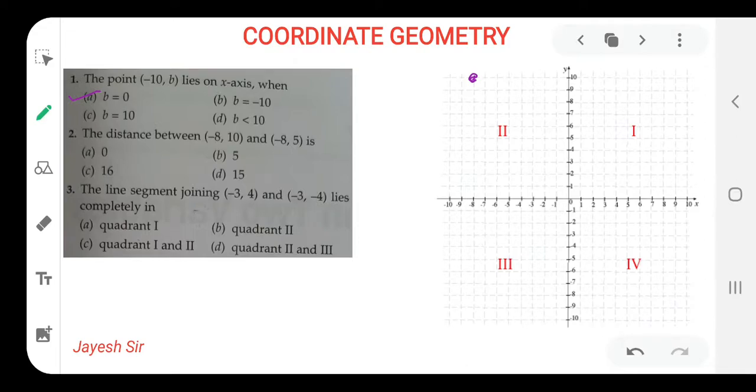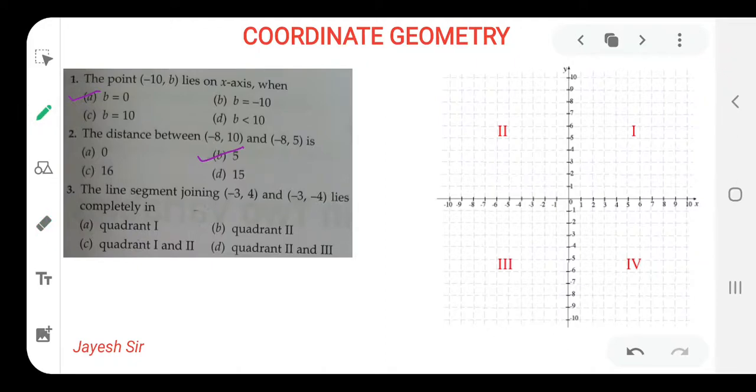By the figure, the distance between these two points is 10 minus 5, that is 5, so option B is correct. The distance has been asked, so in this way we can solve and find the distance.